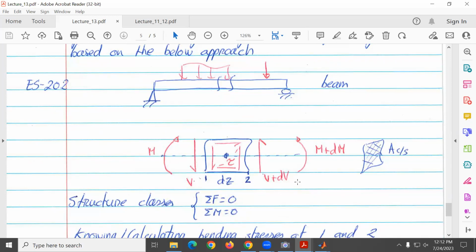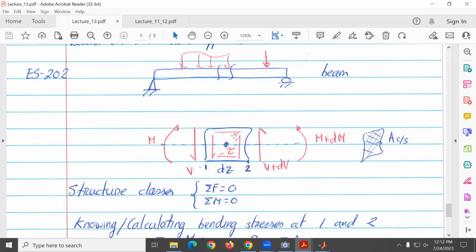The same thing will happen for the moments. So in the structure, the equations of equilibrium, summation of forces equal to 0 and summation of moments equal to 0, still need to be valid. In order to be valid, there is something you need to add to the structure, which are the shear stresses, that will make these two equations satisfied.